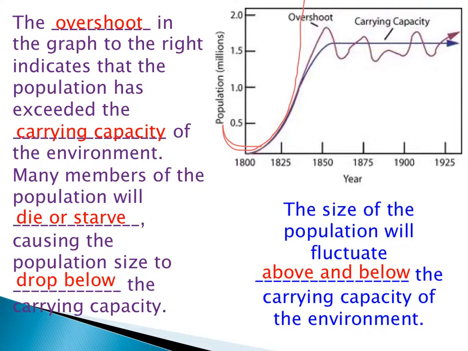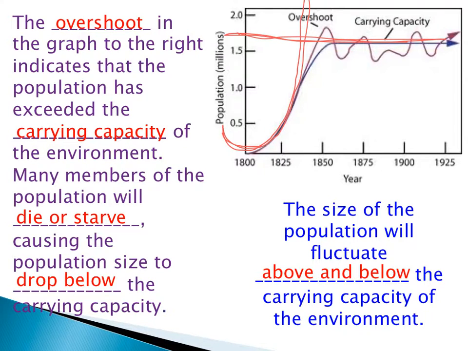And so even though a population might grow exponentially for a period of time, it hits the point in the environment where it hits the carrying capacity, where the environment can no longer sustain that number of individuals.